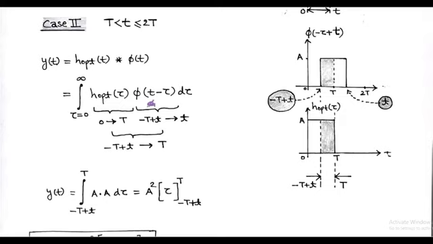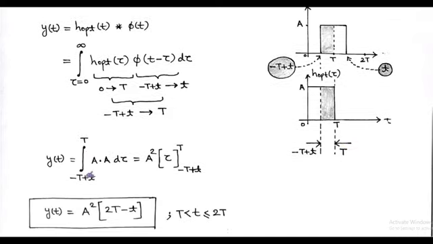In this case, the range of the optimum impulse response h(tau) is 0 to capital T, but the limit of phi(t minus tau) is from minus T plus t to t. So here we find a common region. This common region has the interval between minus T plus t and capital T only.